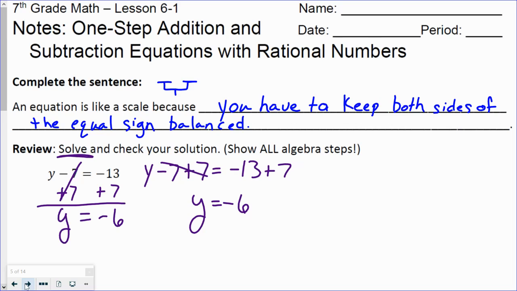But now we have to check our work by plugging in what we got for y. Starting with my regular equation, I am now putting a -6 instead of a y, and putting in the rest of our information. But remember, we can't just subtract.